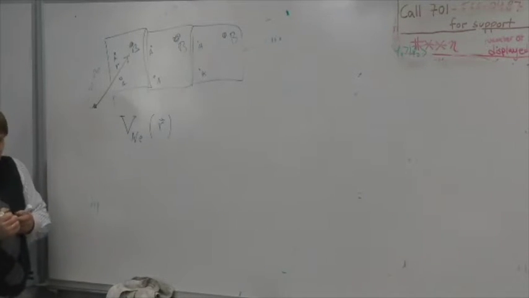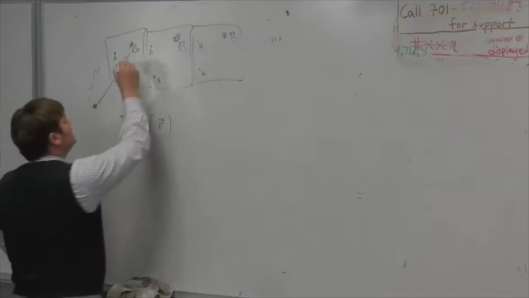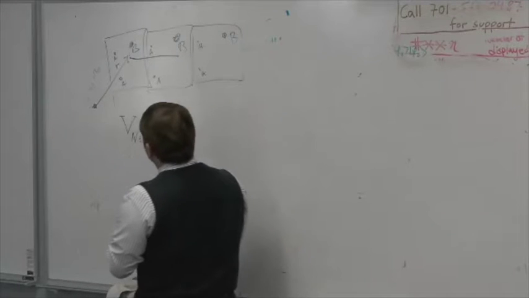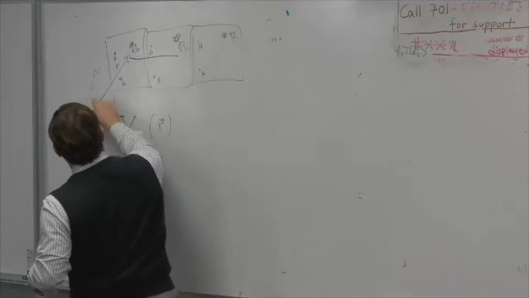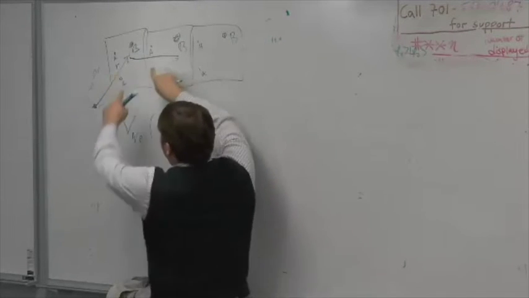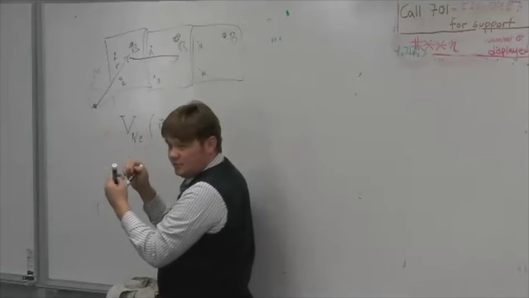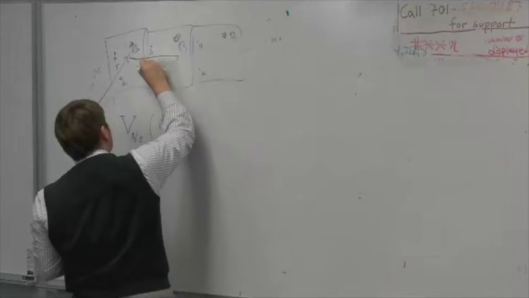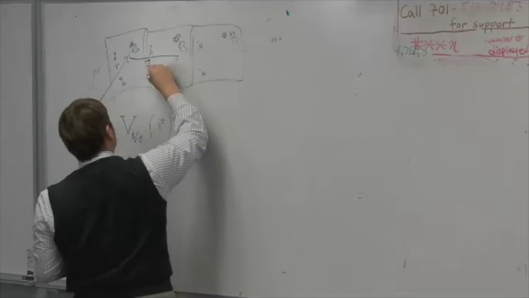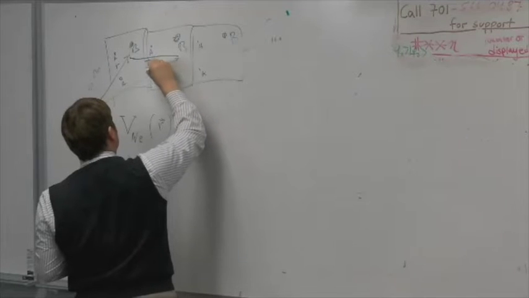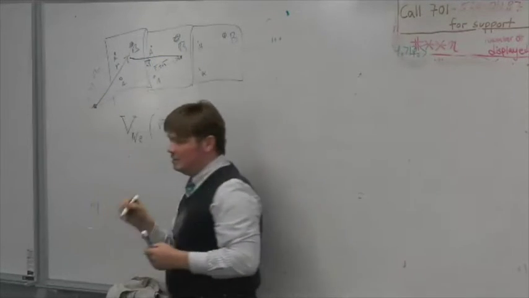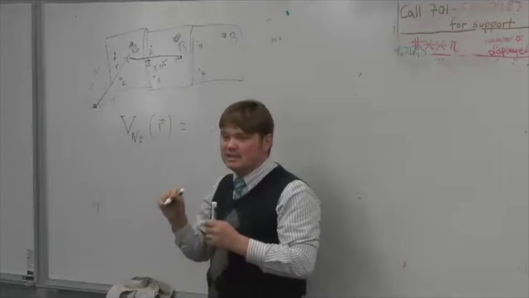But if we suddenly consider a position of the electron that is shifted by a vector equal to the size of the box, so this will be R, then at this point the electron will feel exactly the same potential.